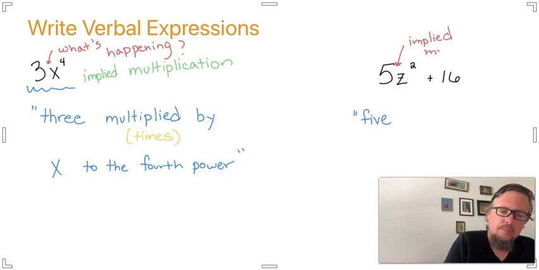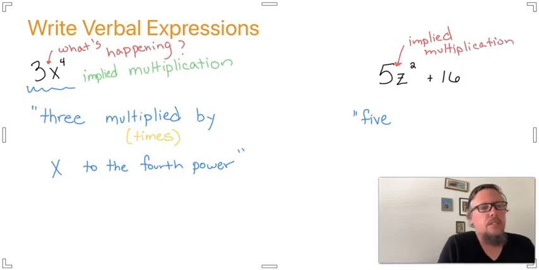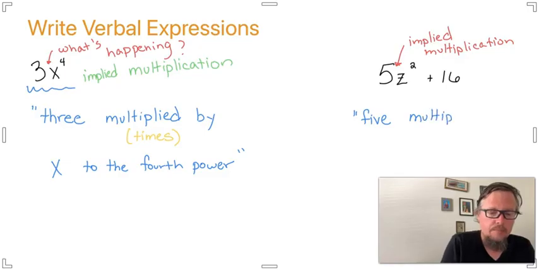If there is no symbol, it's multiplication. So in between the 5 and the z is multiplication. So we can say 5 multiplied by, or 5 times. And then we've got a z, and that z has an exponent.